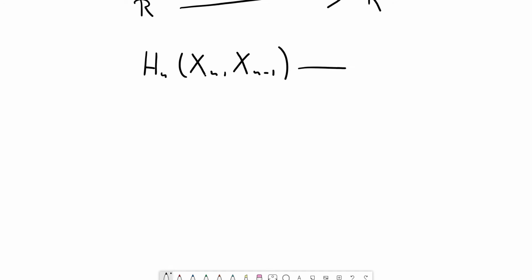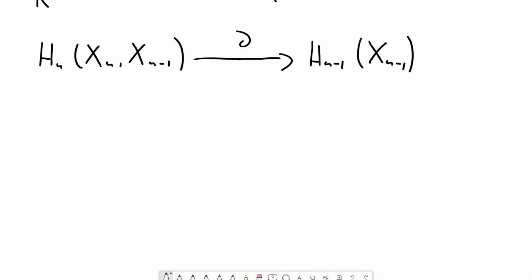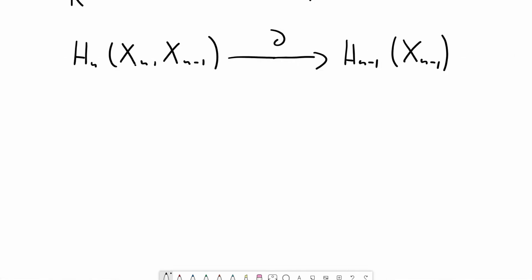Then here we had the boundary map going to the (n-1)st homology of the (n-1)-skeleton. And here, let me put this more or less in the middle, okay. Here we've got the inclusion to (X^{n-1}, X^{n-2}).